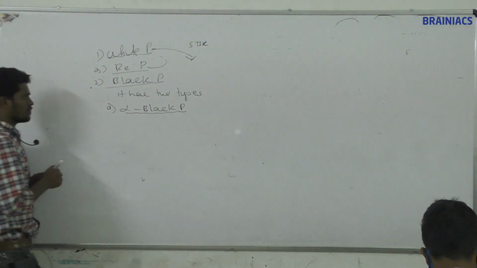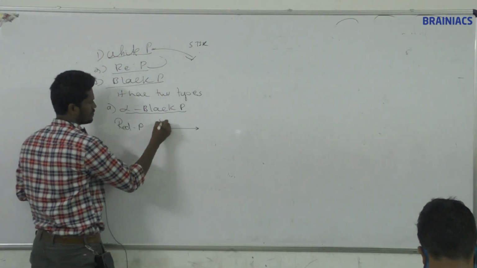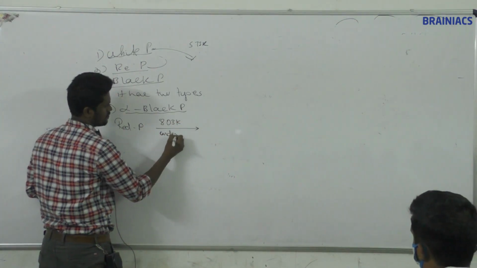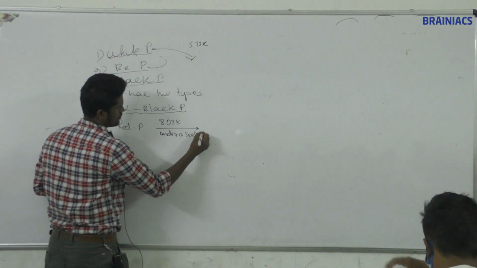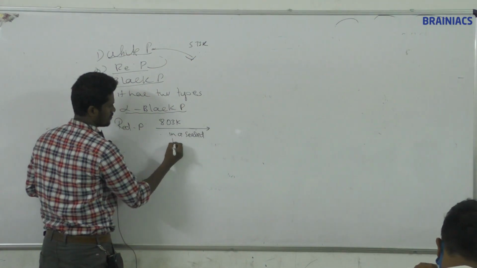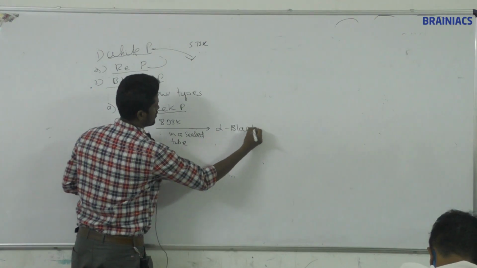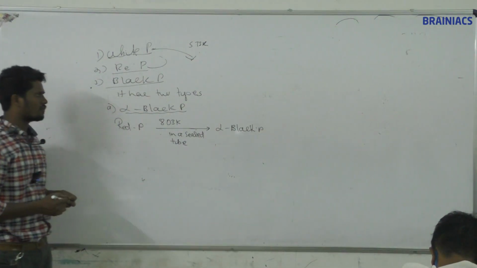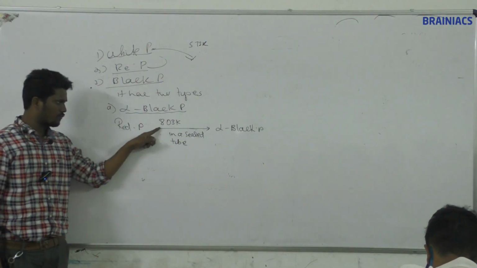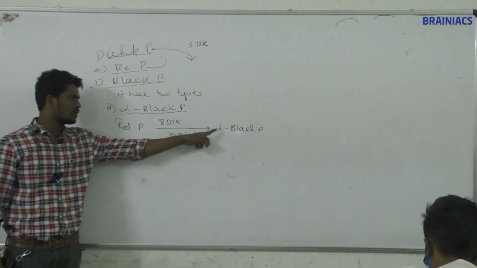First one is alpha black phosphorus. Okay, so alpha black phosphorus is formed from what? Red phosphorus. Heating red phosphorus at 803 Kelvin in a sealed tube gives what?